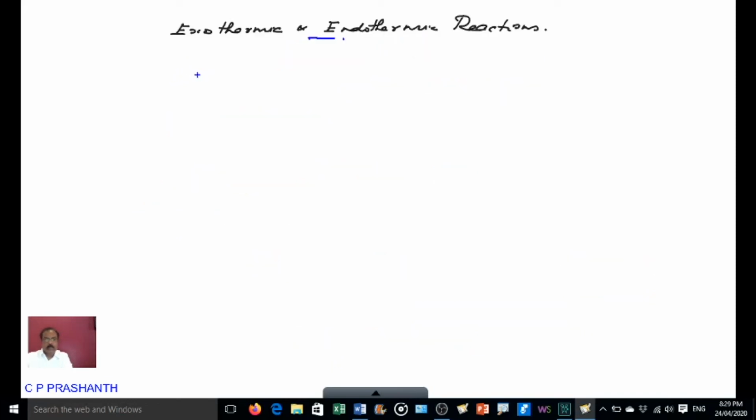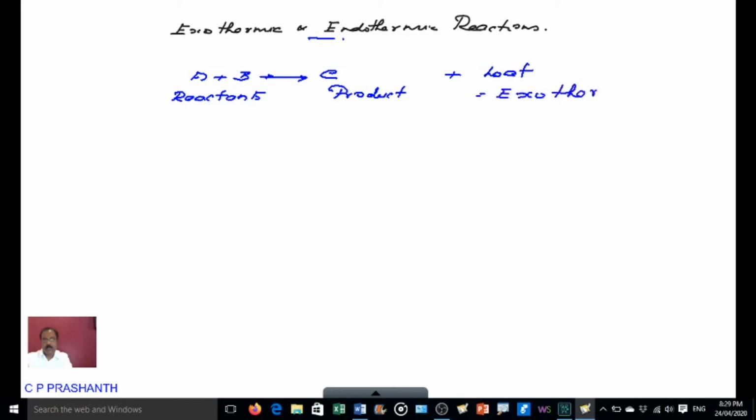Now let us discuss exothermic and endothermic reactions. Suppose A and B are two reactants, and if they react to produce a product C, and in the process, if heat is generated, so because of the reaction, heat comes out.